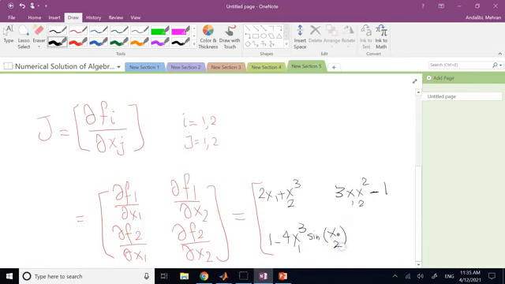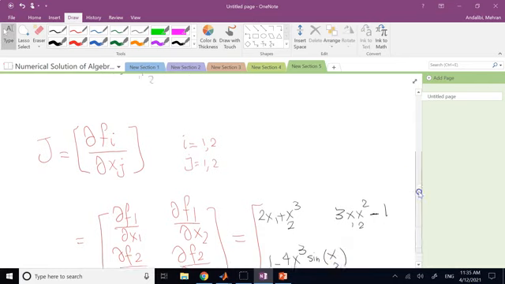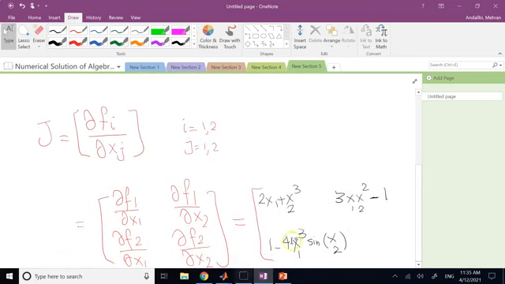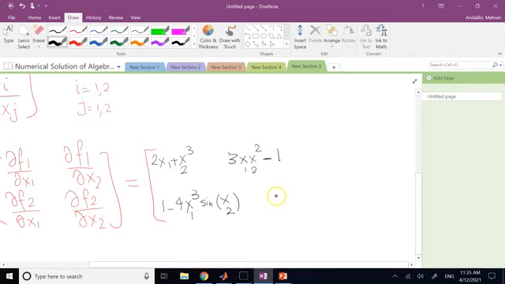And then finally you have 2x2 minus cosine 2x2 and minus x1 to the 4 cosine of x2. Okay, so this is your Jacobian matrix.